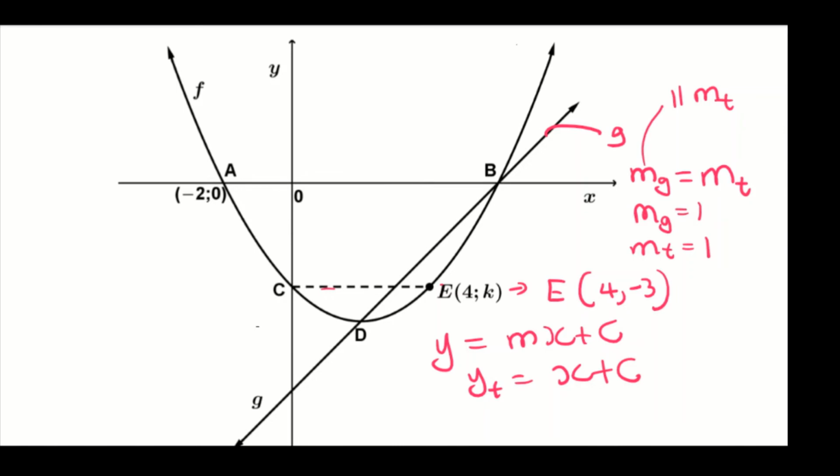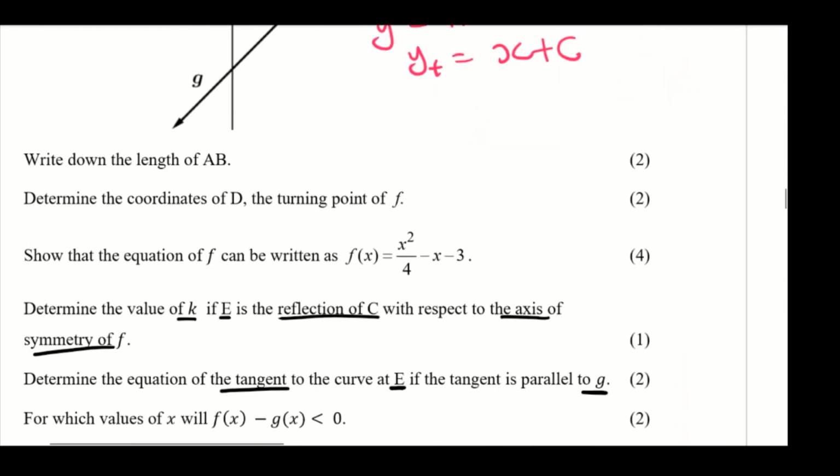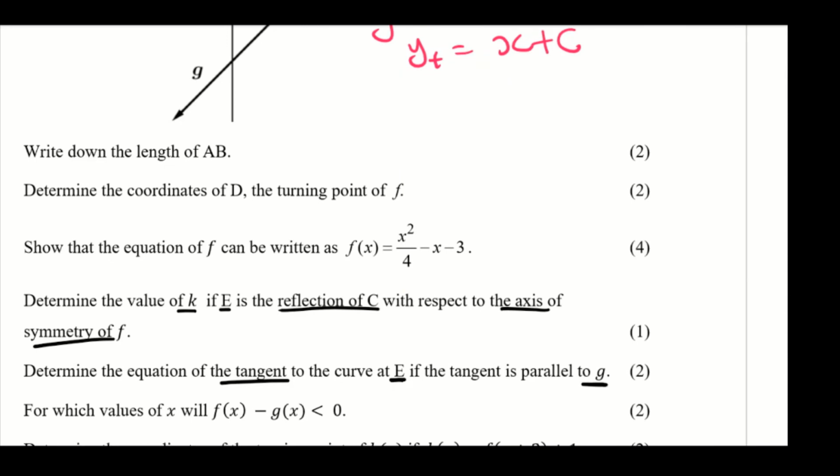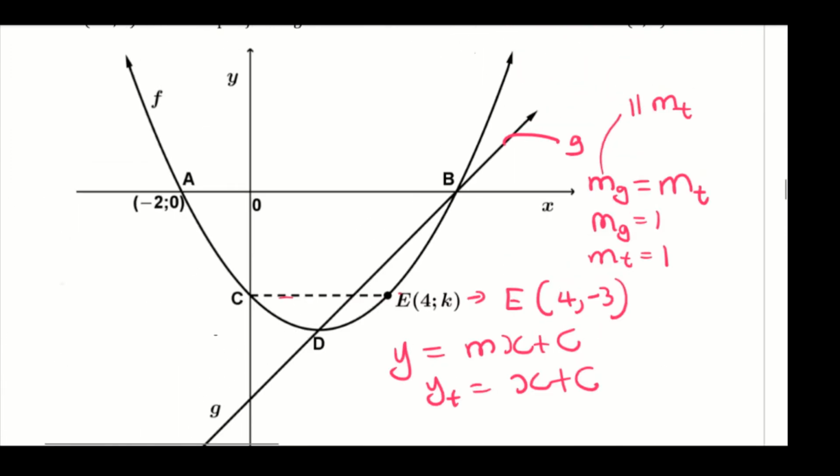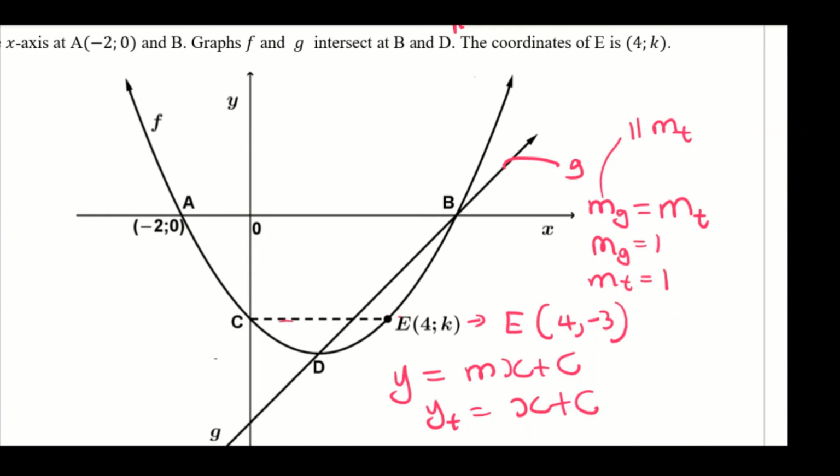And we are told this statement here, the tangent to the curve at E. So it means now that the tangent passes through point E. So chances are it might look something like this. Alright, so this would be the tangent.